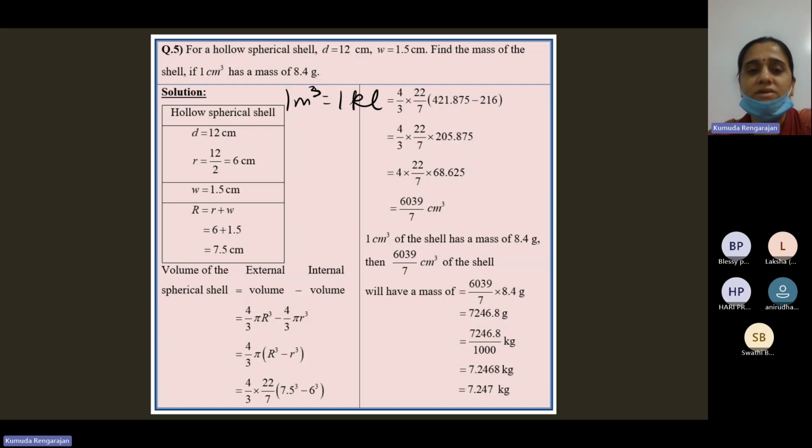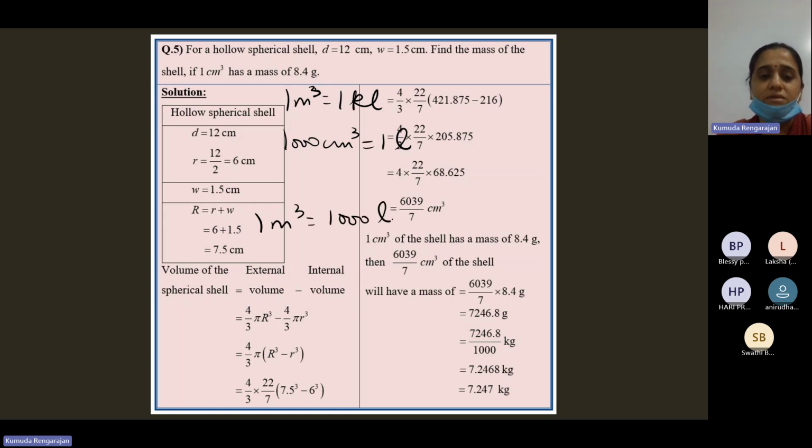Then the other one is 1000 centimeter cube is equal to 1 liter. 1 meter cubed is equal to 1000 liters. 1000 centimeter cubed is equal to 1 liter. 1 liter is 1000 centimeter cubed. 1000 liters is 1 meter cubed.